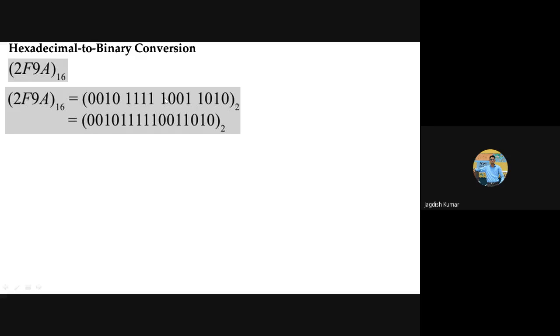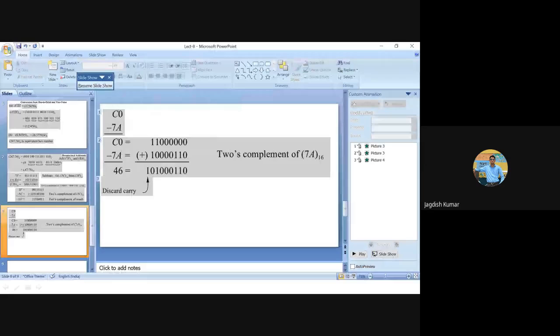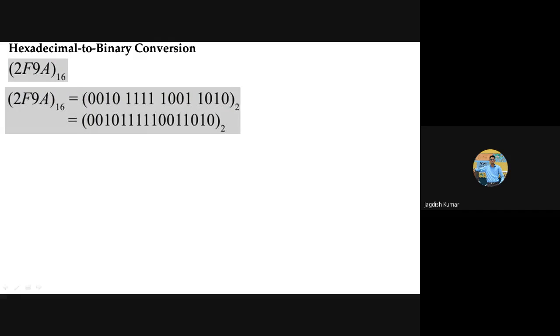If you say 9, that is 1001. If you say A, then this is 1010. Then you can just get rid of this gap. So this is how this number should look in binary form. I hope most of you have done it correctly. That's perfectly okay.